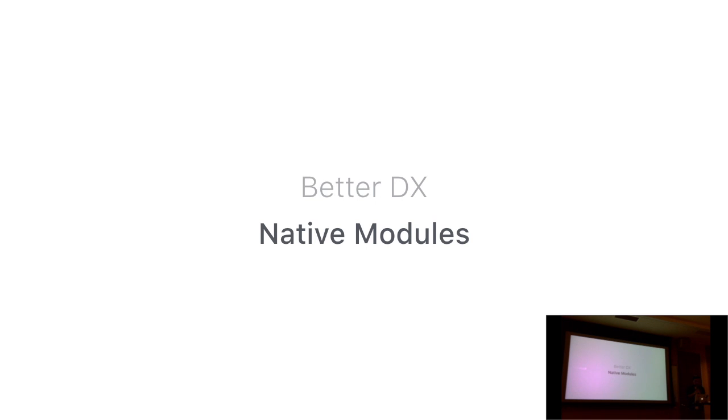So what's the most important thing about React Native, and one of the most important things for me, is better developer experience with React Native. And one of the things that are crucial when we are talking about developer experience is native modules.